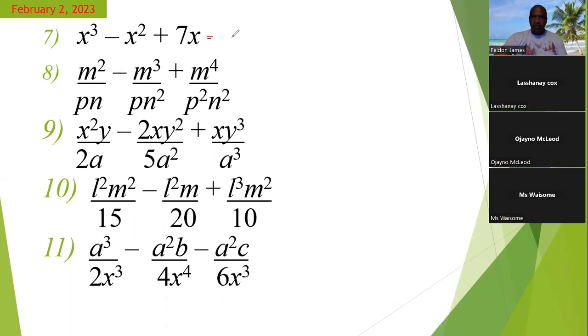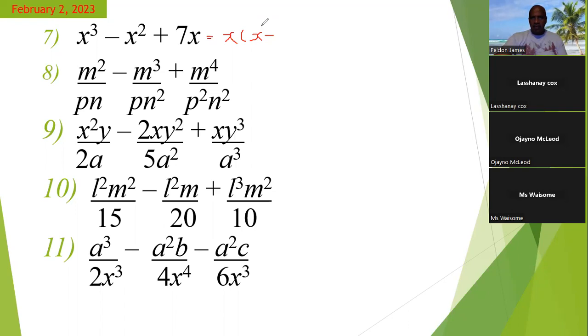The highest common factor would be X. X into X to the third power would go X squared. So we have X squared for the first term in the brackets. What next?